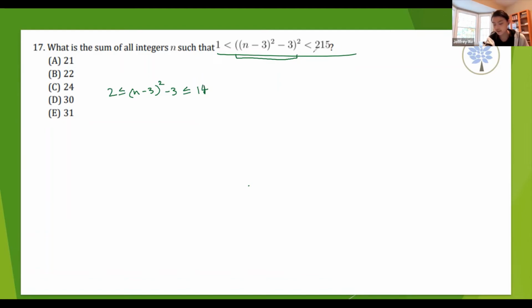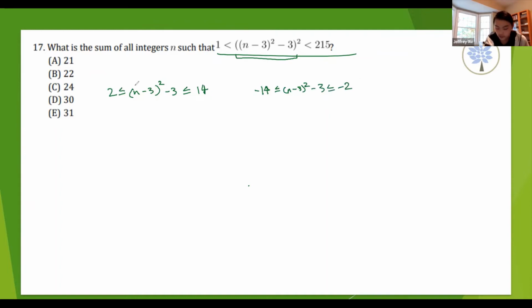Or if it's negative, we have negative 14 is less than or equal to (n minus 3) squared minus 3 is less than or equal to negative 2.